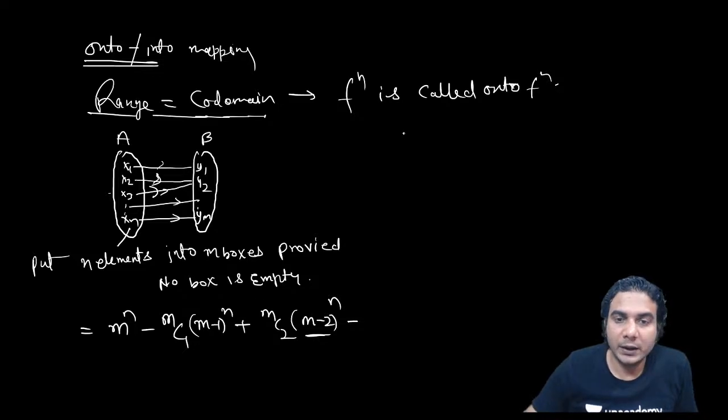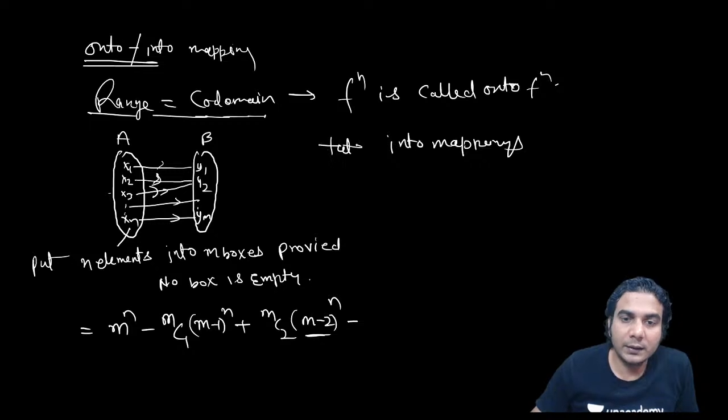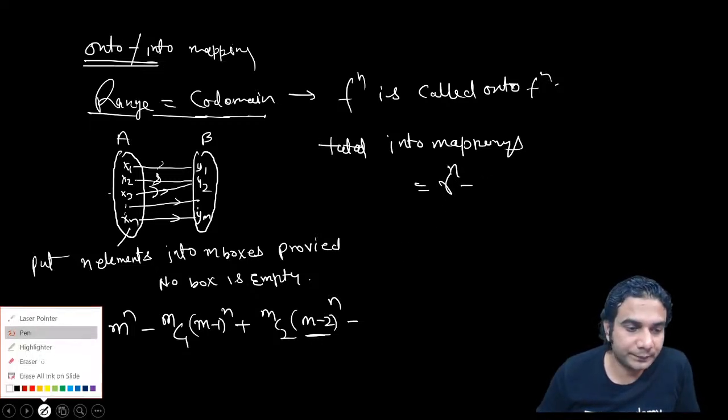All right. And what is the formula for into mappings? If a function is not onto, then it will be into. That means if range is not equal to codomain, then it will be an into mapping. All right. So that means at least one box is empty.